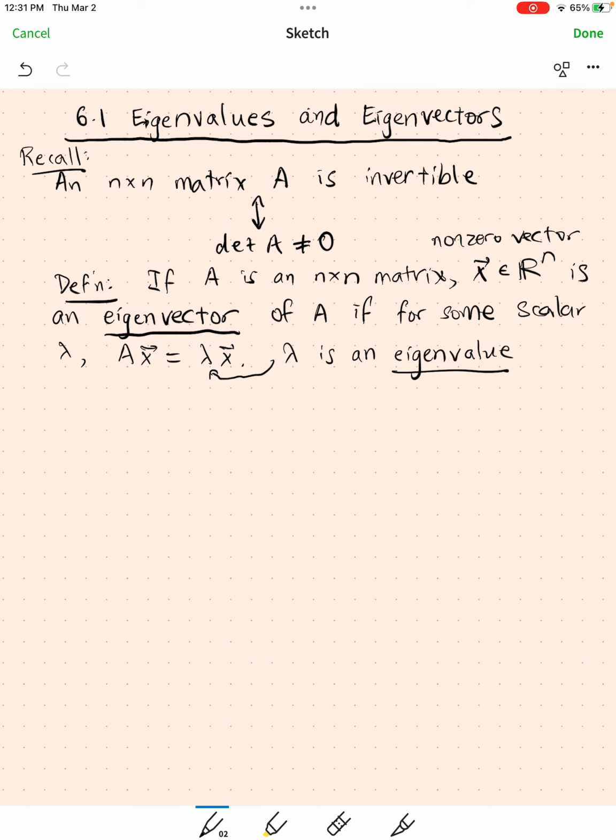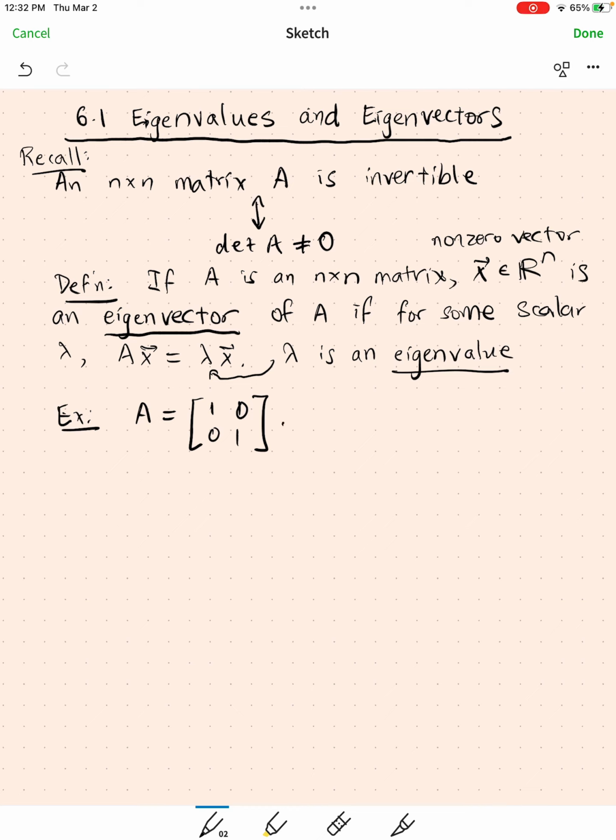So let's just look at some examples. Let's just say that you have the identity matrix. Well, can you think of a vector where A times x is a scalar multiple of x?